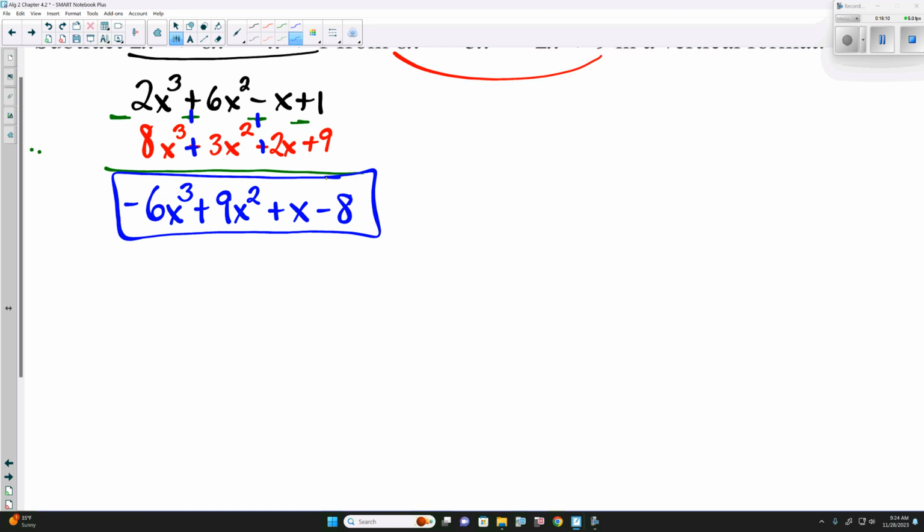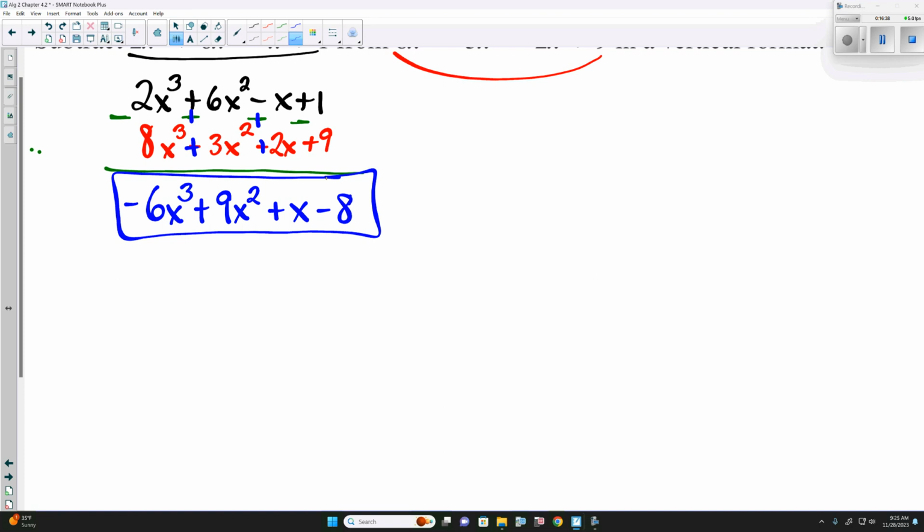We cannot, unfortunately, check this on the graphing calculator, the 84 Plus CE, or the TI-30XS, because they require x to have a value. Since our answer is not just a simplified number like 84, since we have negative 6x cubed plus 9x squared plus x minus 8, neither one of these will do that.